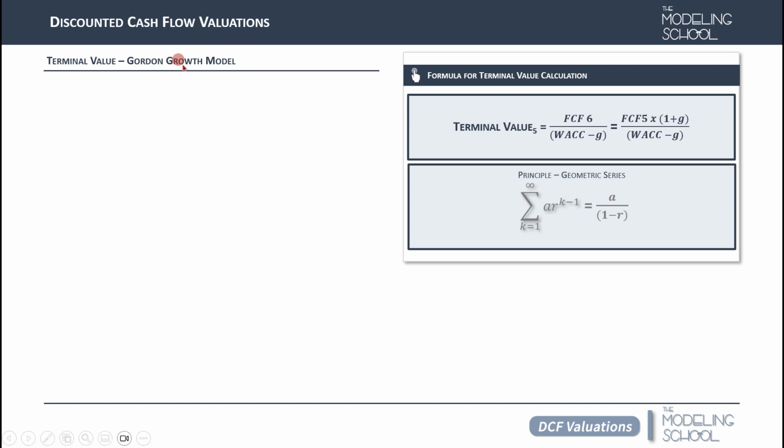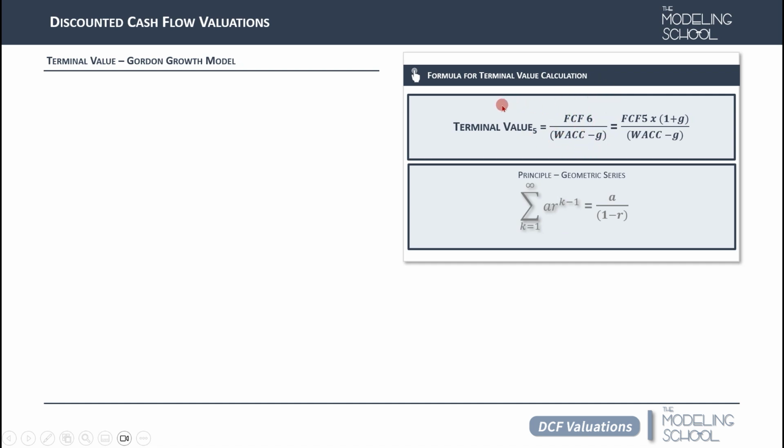But how are we going to ultimately calculate terminal value? Although it is not critical, the principle itself is based on the sum of a geometric series. Depending on the country, you may have encountered this in your math classes, or in college. Of course, you don't have to know this principle. What's important is the formula up here.